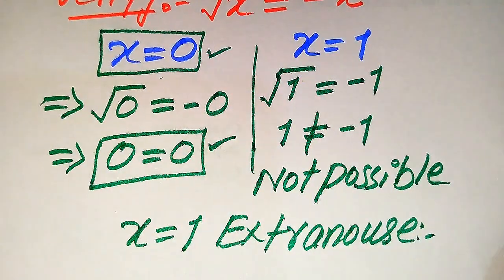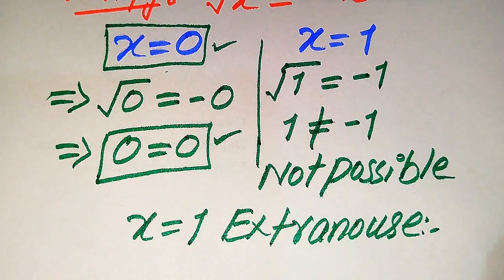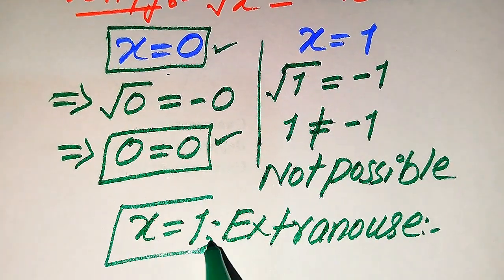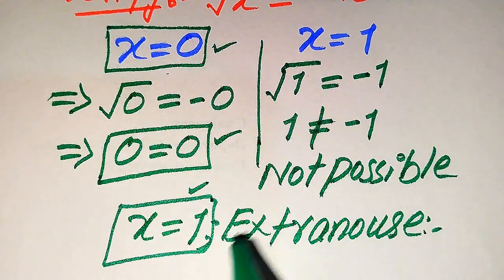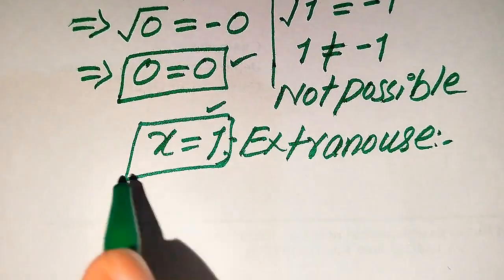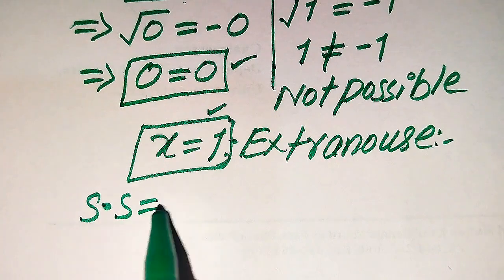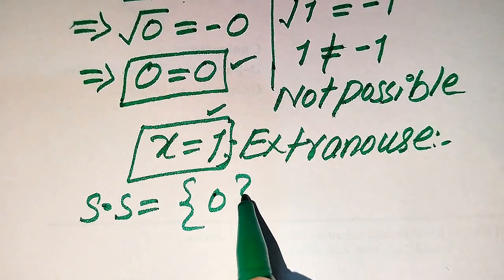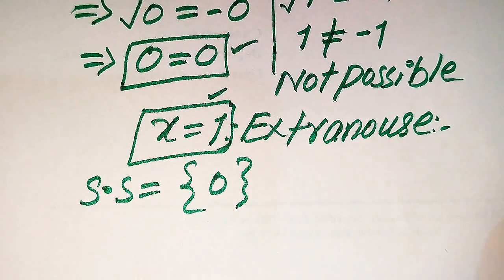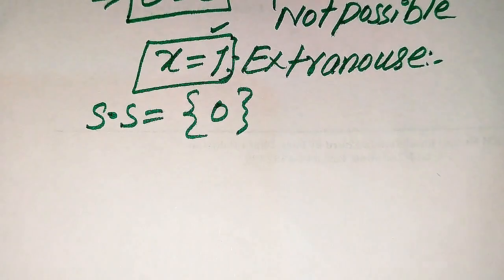Okay, and the roots which do not satisfy our given question statement are called the extraneous root, like x equals 1, because it does not satisfy our given question statement. So this concludes that the solution set of the given equation is 0. This is the only solution of the given equation, and x equals 1 is the extraneous root.